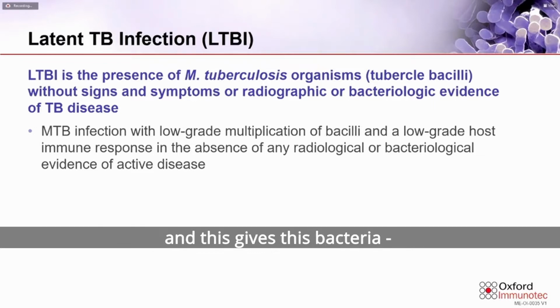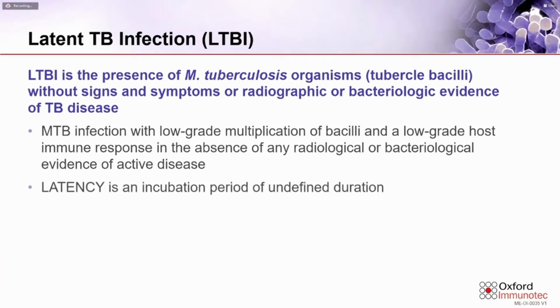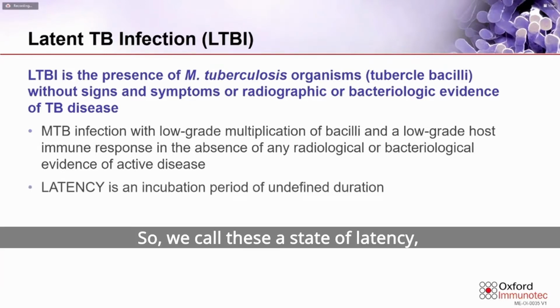And this gives this bacteria, they're still alive, but they're at a low rate of multiplication and contained within the granuloma. So there is no clinical manifestations, no symptoms, and the x-rays are normal, and there's no bacteriological evidence of the disease. So we call this a state of latency.